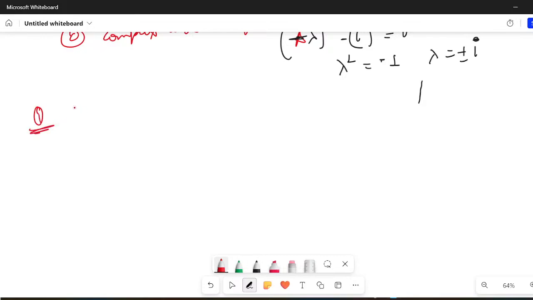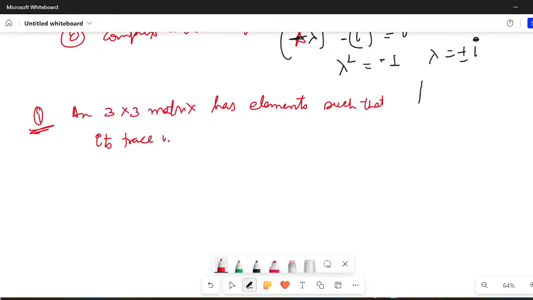It is written that a 3 cross 3 matrix has elements such that its trace is 11 and its determinant is 36.